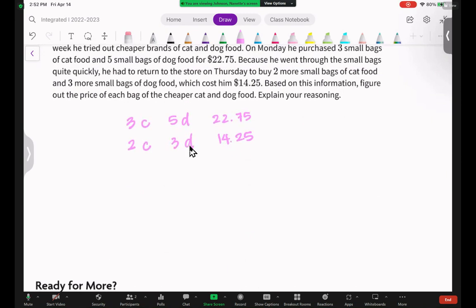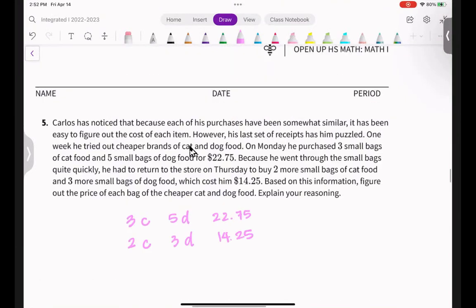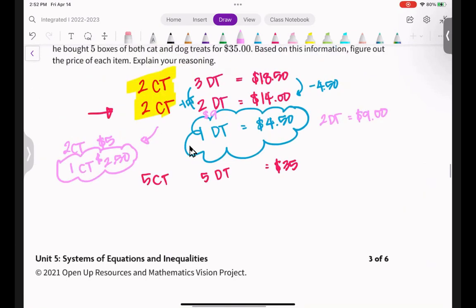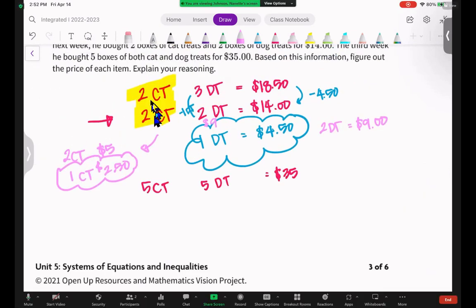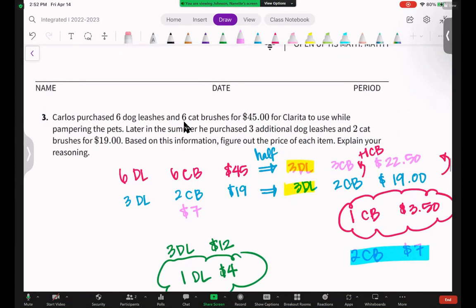If you've noticed, every single time, one of the things I need in order to solve these types of problems is I need something to be the same. So here it was 2 of the cat treats that were the same in both equations. Over here, I eventually got 3 of the dog leashes to be the same, right?